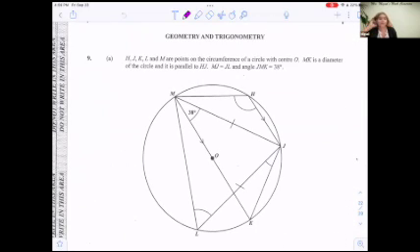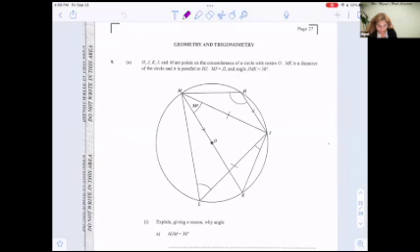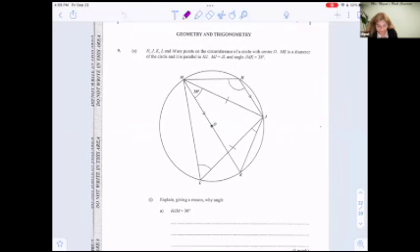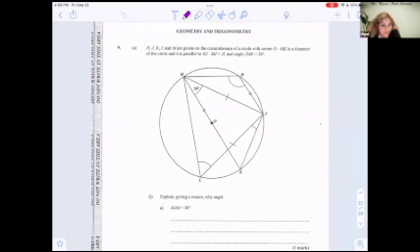So quickly draw the diagram and explain why HJM is 38 degrees. So take it out and explain why HJM is 38. Why is that 38 degrees?